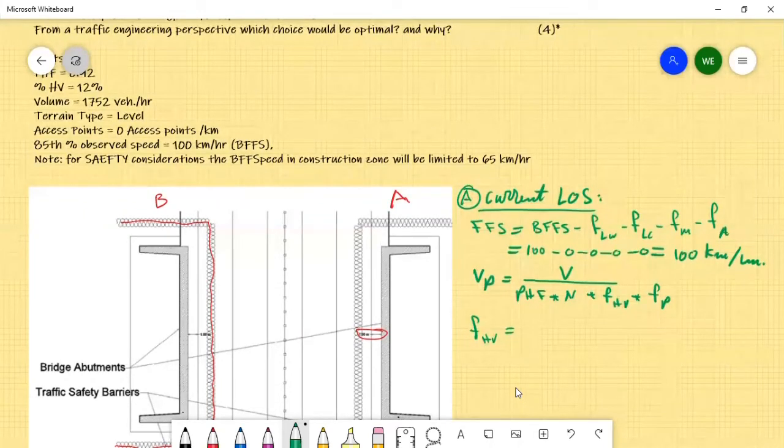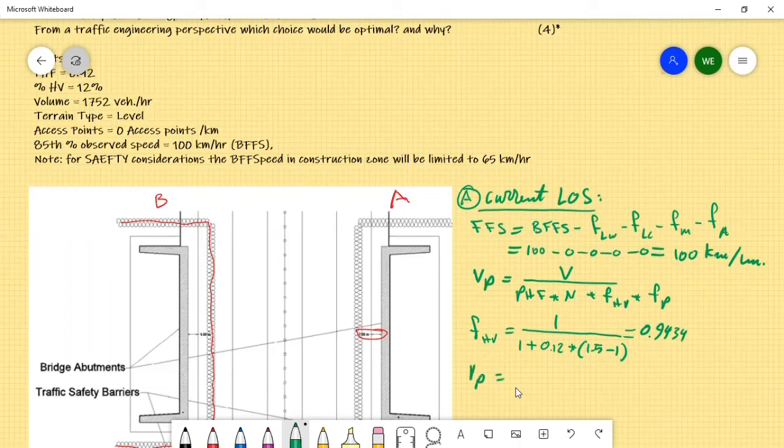So here we have 1 divided by 1 plus 0.12 multiplied by, it's a level terrain, so 1.5 minus 1, which is 0.5. So this will equal 0.9434.